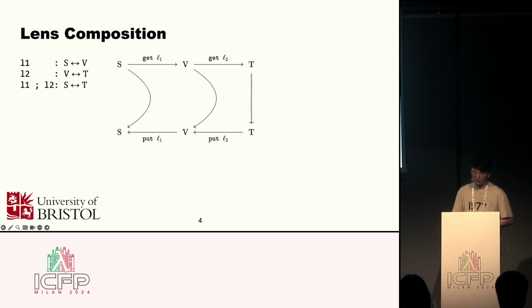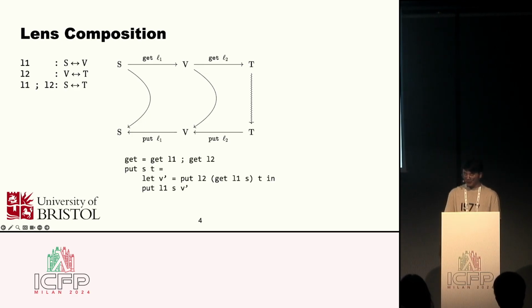As mentioned just now, one big advantage of using lenses is their compositionality. Given a lens L1 from S to V and a lens L2 from V to T, we can obtain a composed lens from S to T. In the forward direction, the lens composition is simply a function composition of two get functions.